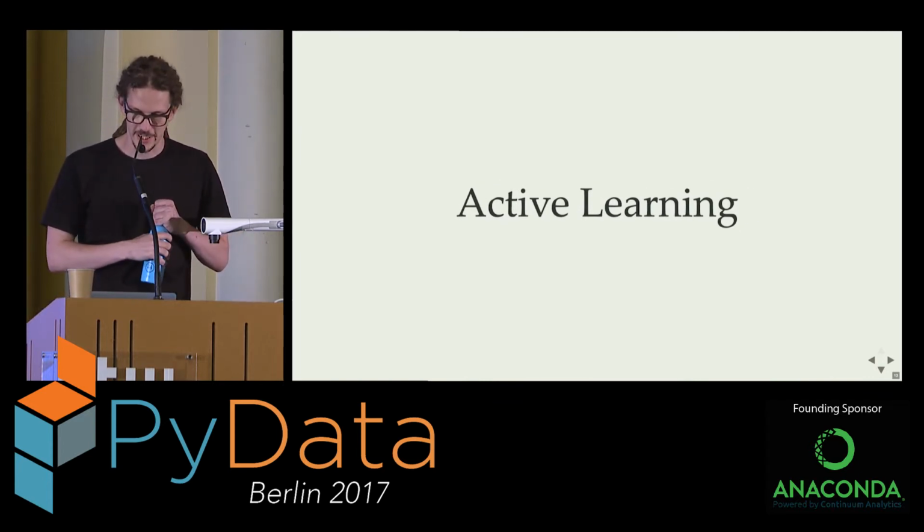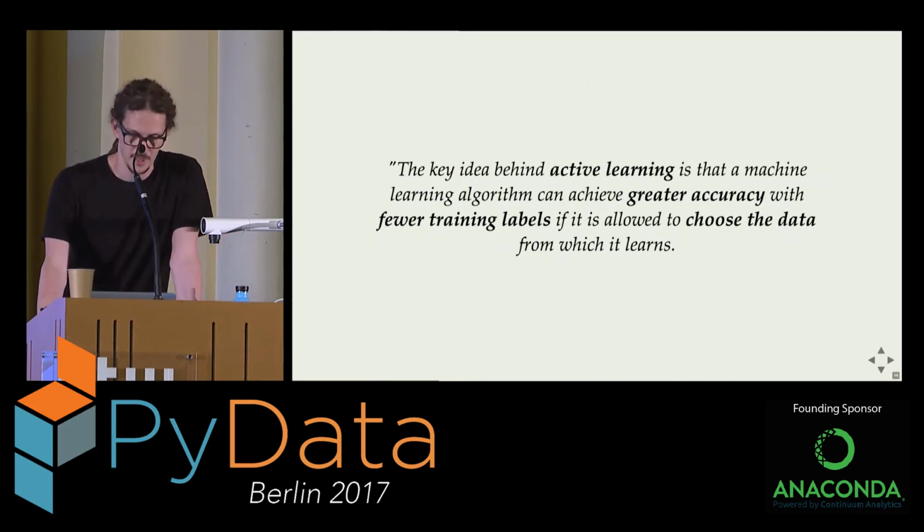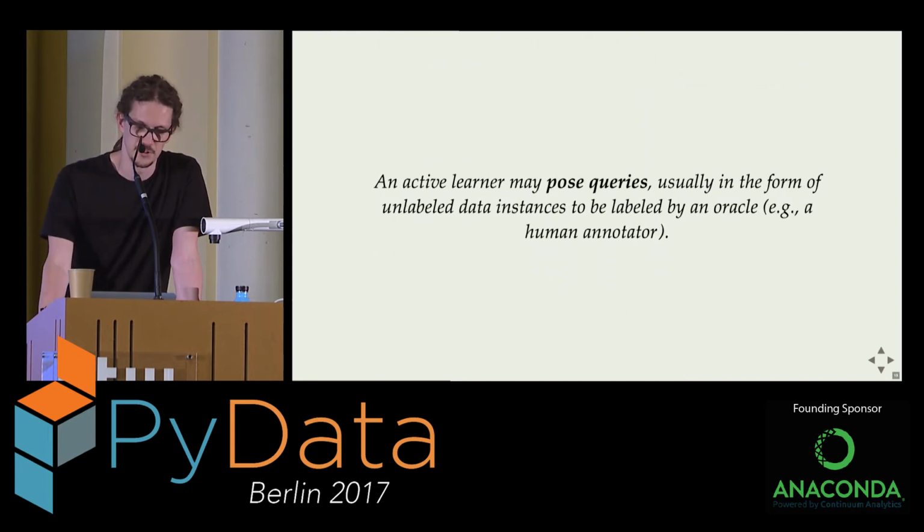So, active learning. What is active learning? I'm quoting here. The key idea behind active learning is that a machine learning algorithm can achieve greater accuracy with fewer training labels if it is allowed to choose the data from which it learns. An active learner may pose queries, usually in the form of unlabeled data instances, to be labeled by an oracle, e.g. a human annotator.